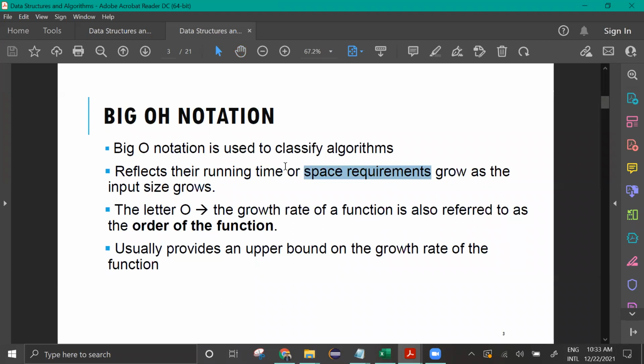So here in these examples, we are just considering running time, okay? How it grows as the input size grows, right? So big O notation reflects the running time when the input size grows.